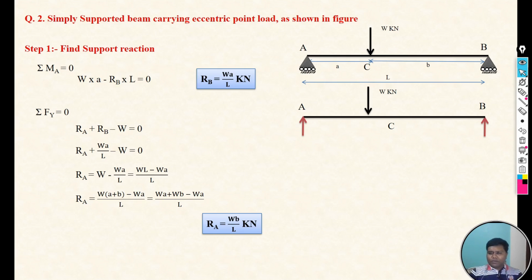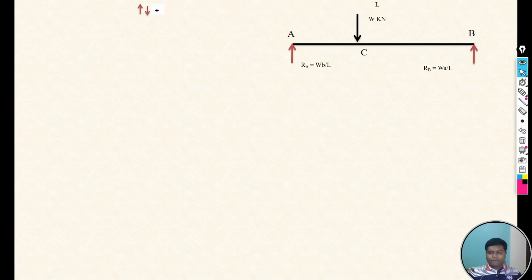So now we have calculated both support reactions. The support reaction at A point is WB by L, and the support reaction at B point is WA by L. Once you calculate the support reactions, the next step is to calculate the shear forces at each point. For the calculation of shear force at each point, we have to take the section at the left and then right of that particular point.